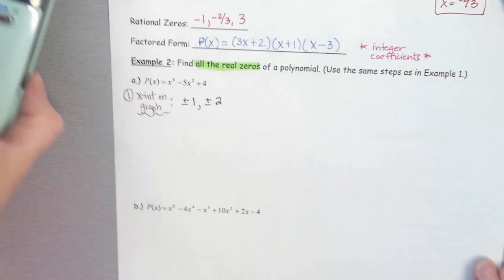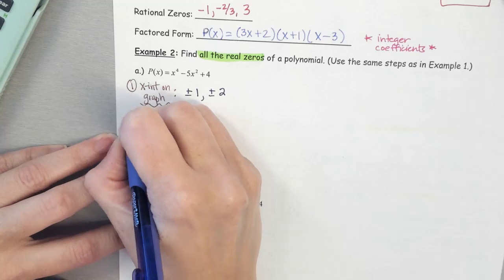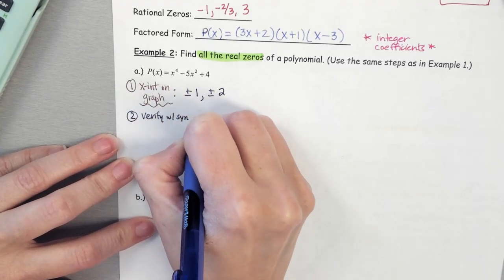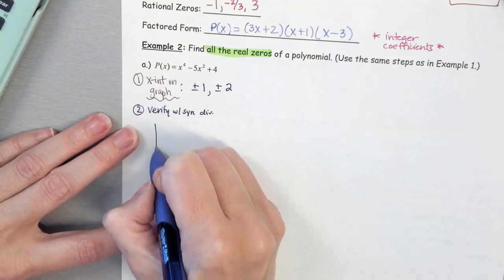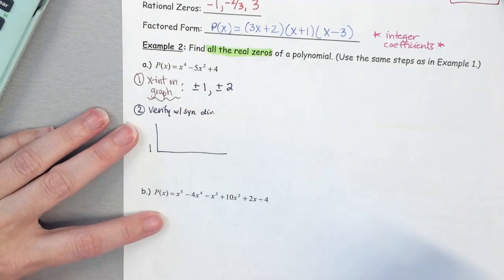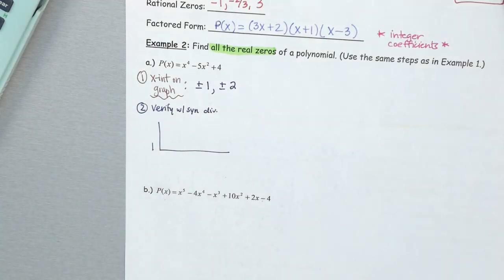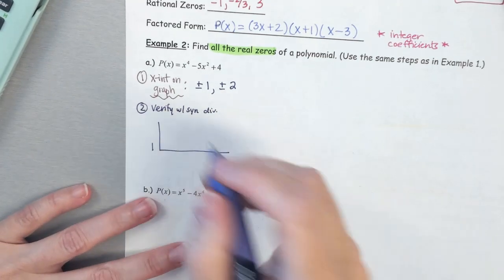Okay, so what you're going to do is verify with synthetic division. So to do that, you just pick one of them. I picked 1, so if you want yours to look like mine, you can do that. Now be careful, because when you're doing synthetic division, you start with x to the 4th. What's missing here?